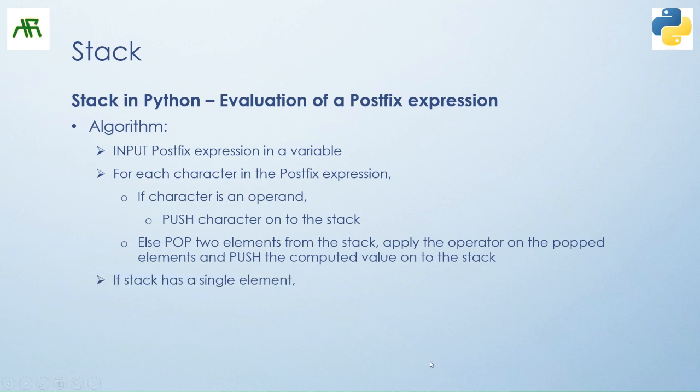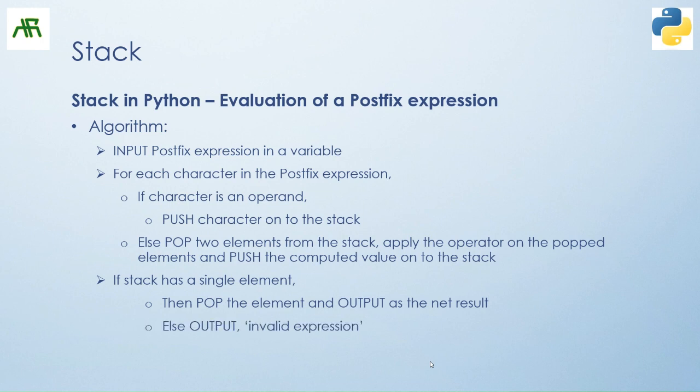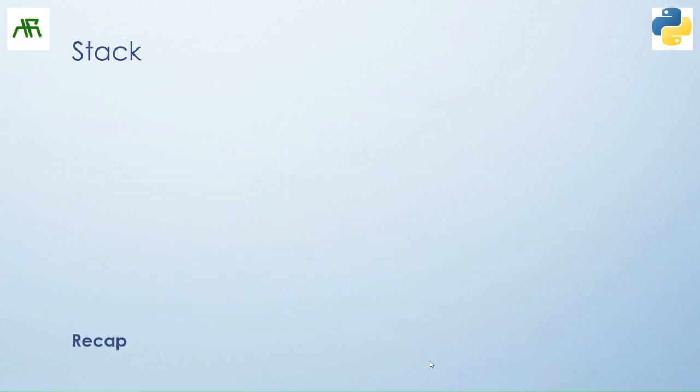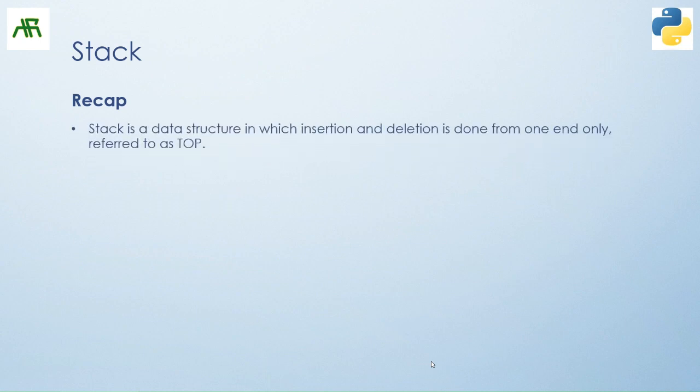If the stack has a single element, then pop the element and output it as the net result. Else output invalid expression. Let's have a quick recap of what stack is. Stack is a data structure in which insertion and deletion is done from one end only, which is referred to as the top.